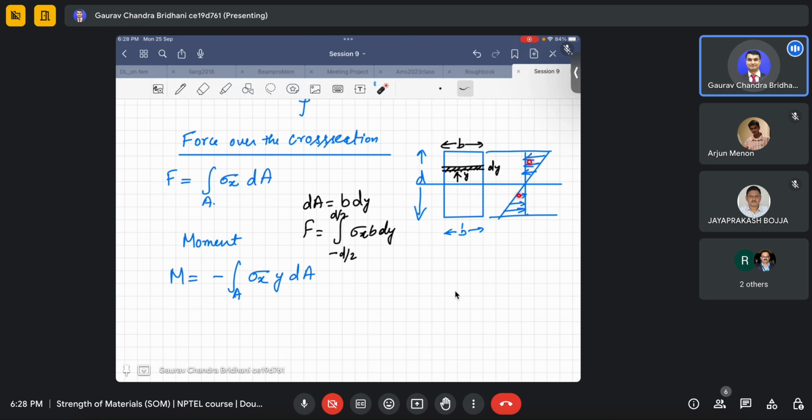So the sum of these two forces will be 0, and that fact is exploited to find the neutral axis. So what we do, we find the sum of these forces above the neutral axis, then we find the forces below the neutral axis, and then we say the sum of the two should be 0, and then it gives us the value of the neutral axis depth.